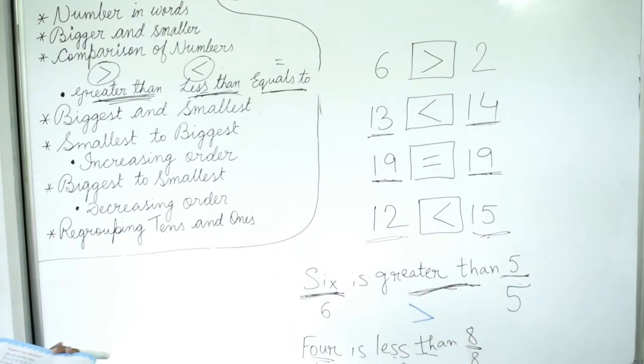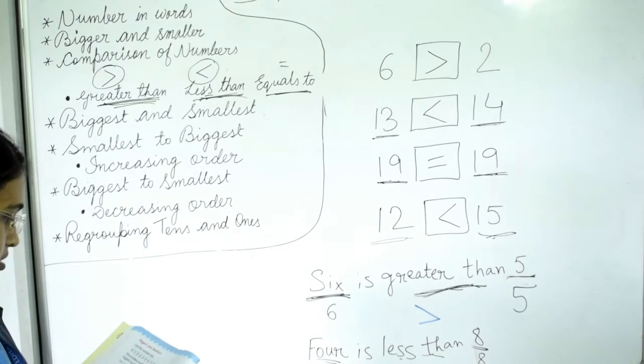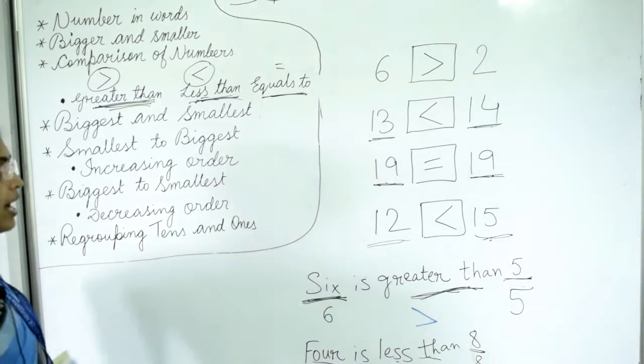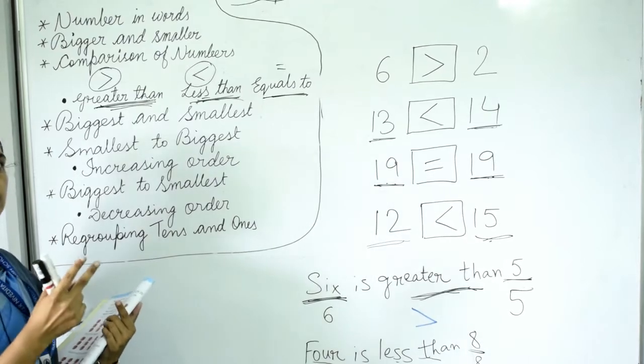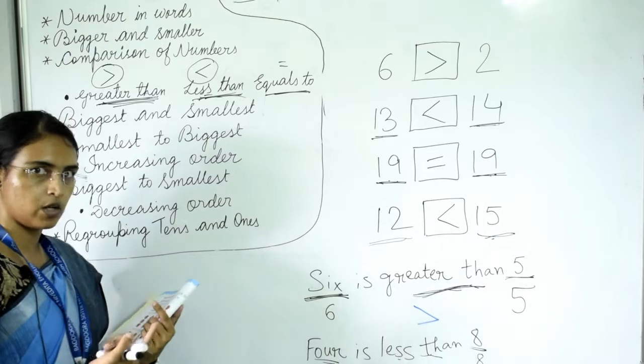Now we will do the biggest and smallest. In bigger and smaller number we have two numbers, and among those two numbers we have to find out which one is the bigger number and which one is the smaller number.